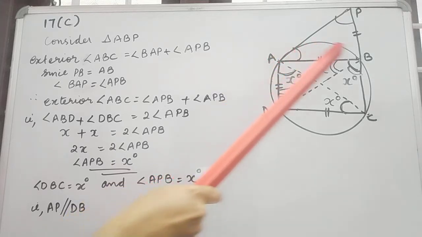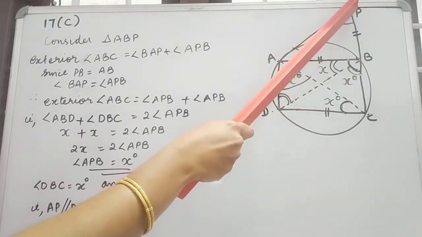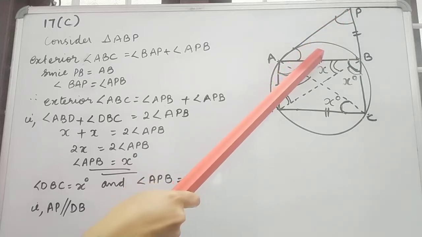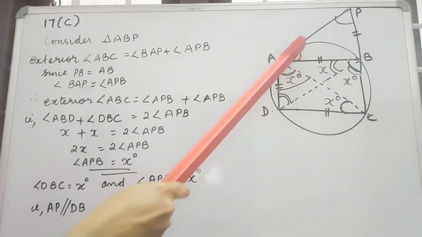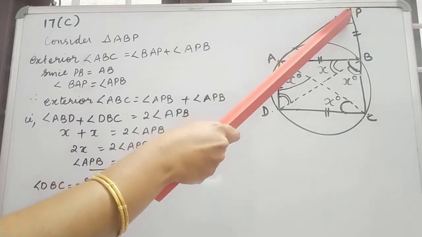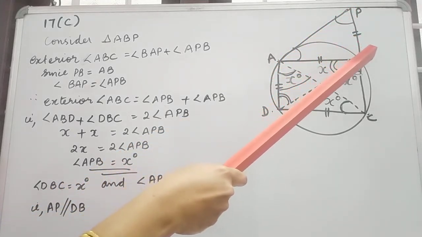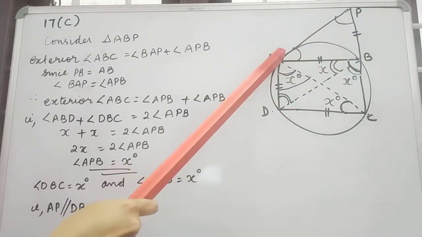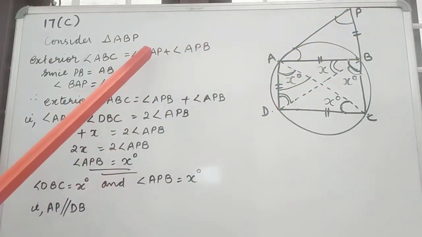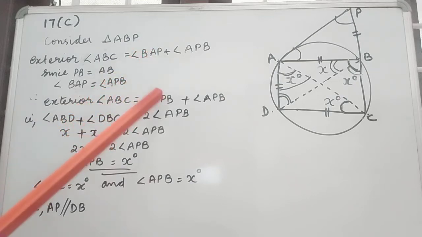We have AB is equal to BP. So the angles opposite to those sides will be equal. That is, angle A will be equal to angle P. So instead of BAP, we can write APB. That is why we are writing APB instead of BAP.